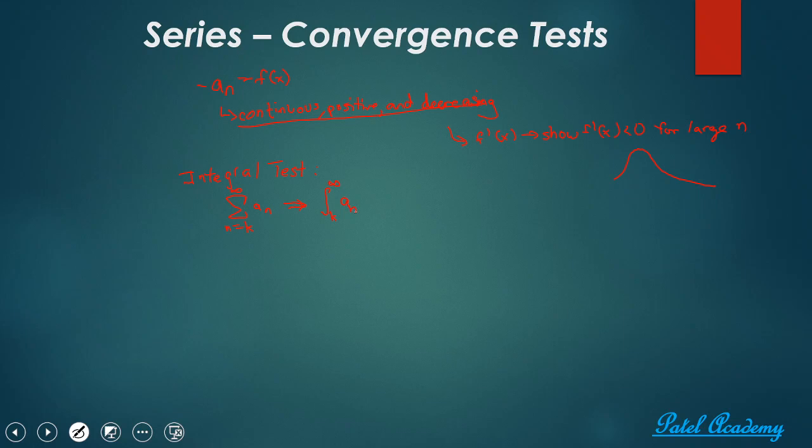Now usually a at n will be expressed as f at x, so I'm going to write dx here, but you could fill in that a at n as f at x, and then it'd be an actual integral.